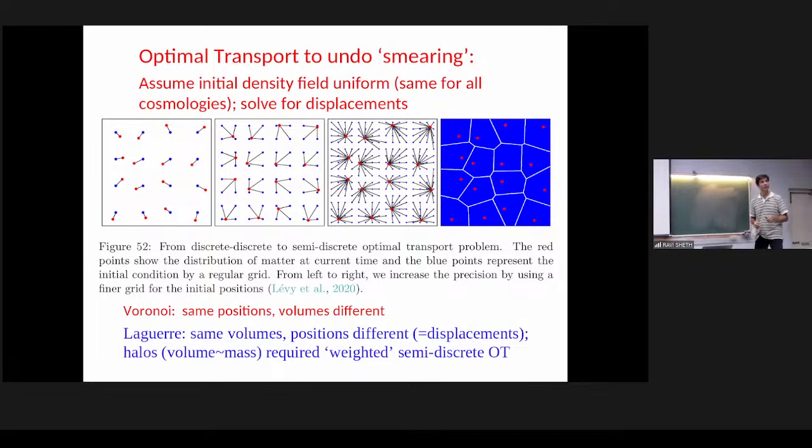So what we're going to do, we're going to say that the particles today, which are the red, they all started from a grid, which is the blue grid. So what I want to know is which particle goes to which grid point, which particle came from which grid point. So we can do the combinatorics of all the possible combinations of matching red points to blue.